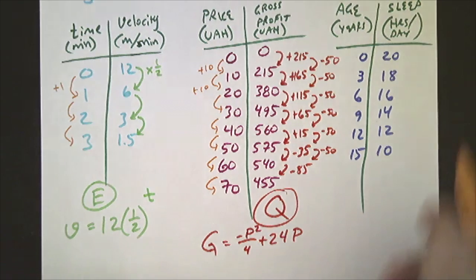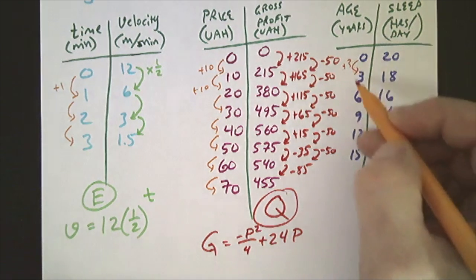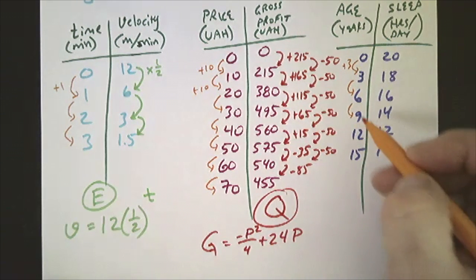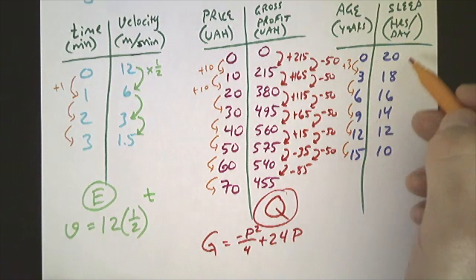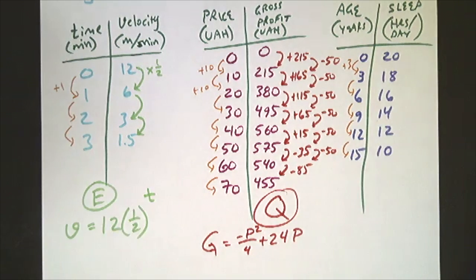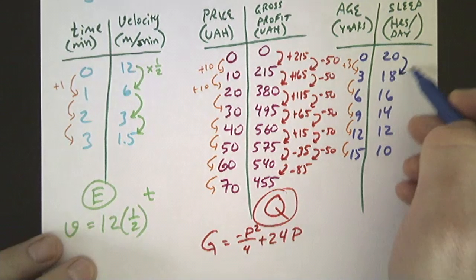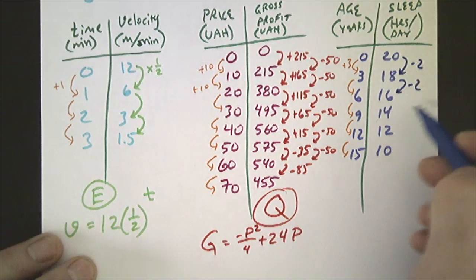So in this last scenario, the age goes from 0 to 3, that's plus 3. 3 to 6, that's also plus 3. 6 to 9, 9 to 12, all plus 3. So we can now compare these. If we compare the right-hand side, the result, the sleep hours, what happens to these? It's minus 2. And in here, also minus 2.